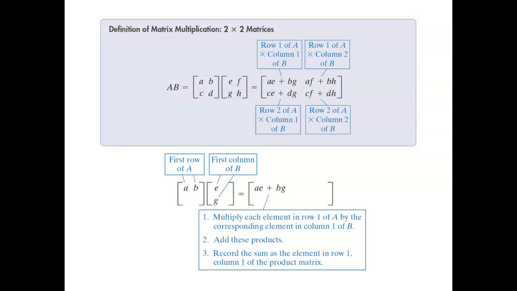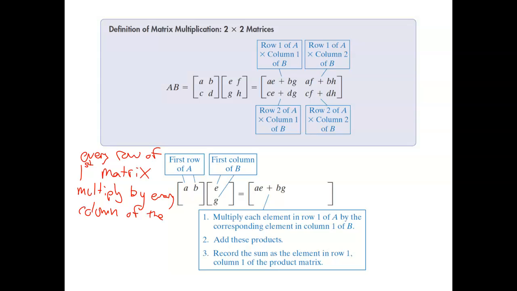What we're going to do is take every row of the first matrix and multiply by every column of the second matrix.